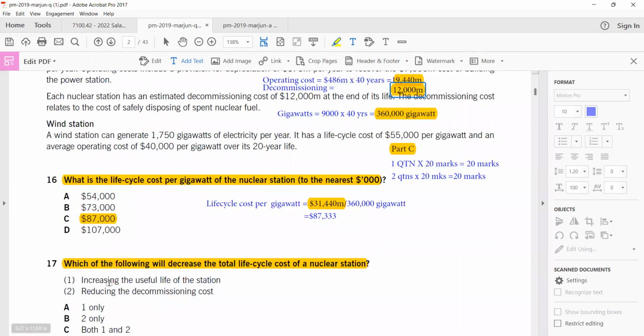1 says increasing the useful life of the station. Useful life comes in when we are talking about depreciation calculation. Note that depreciation is part of operating cost. Now, if you are calculating depreciation and the estimated useful life is higher, what happens?